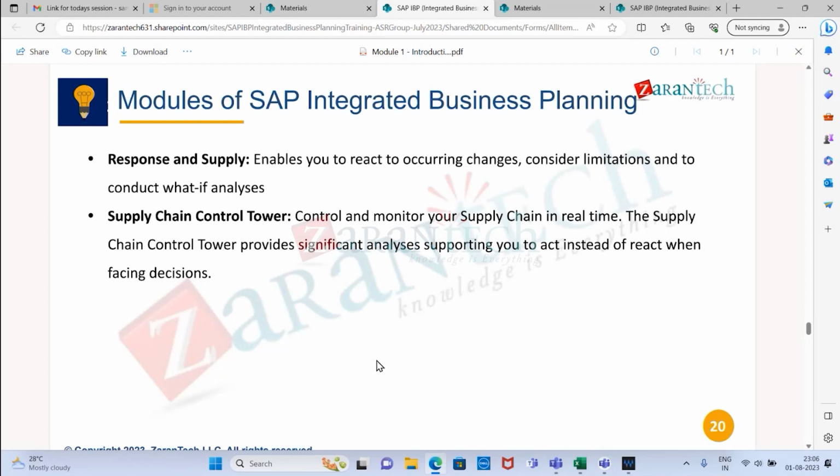So the top management team at the control tower group or control tower layer in the IBP diagram, they are always looking out for this kind of information to take the strategic decisions with respect to the investment within the capacity or investment in enhancing the capacity of the organization. That's the activity which is done by the supply chain control tower.